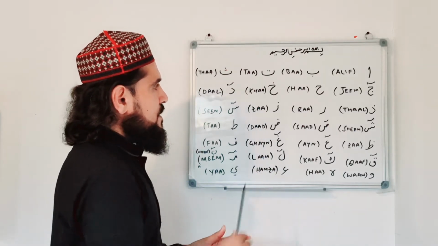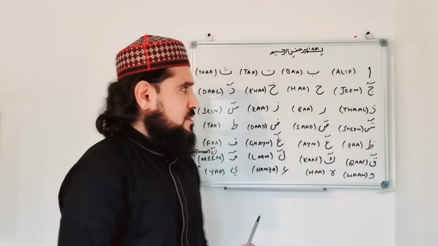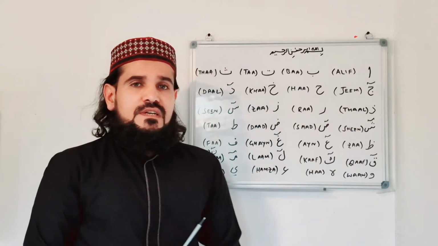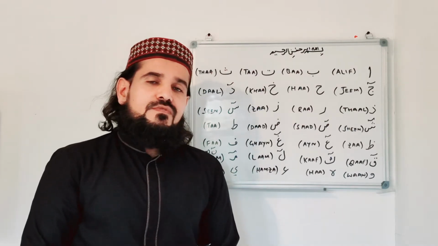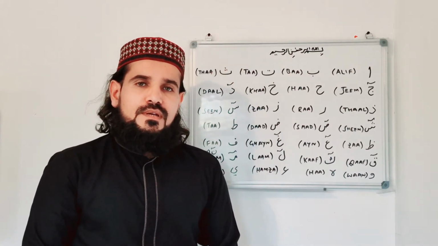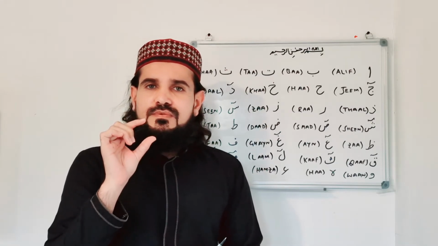Another thing to mention here is this will be a bit of a round sound. If I say it flat, that will not be the right sound. Initially, if you cannot say it, you can make your lips round a bit.